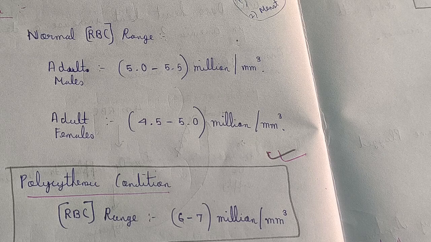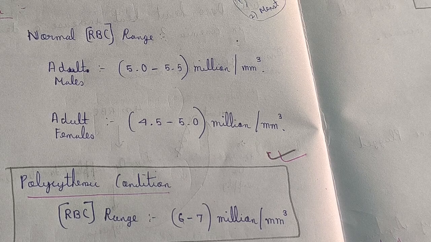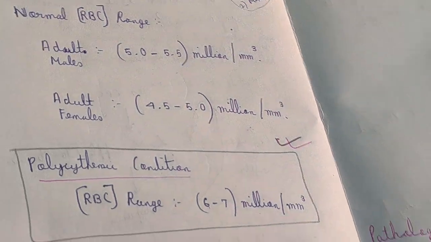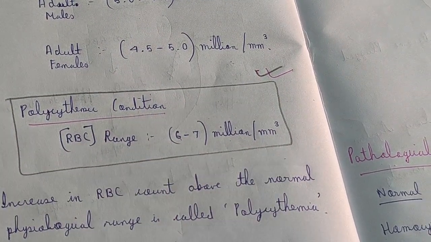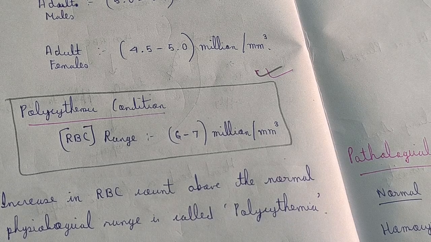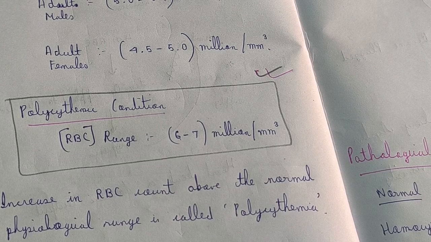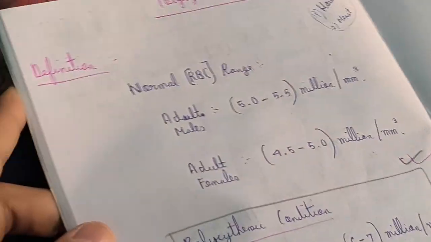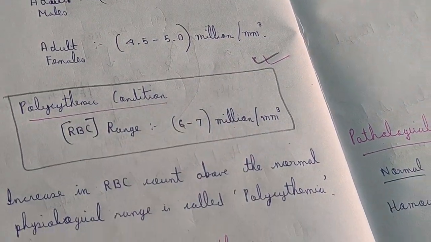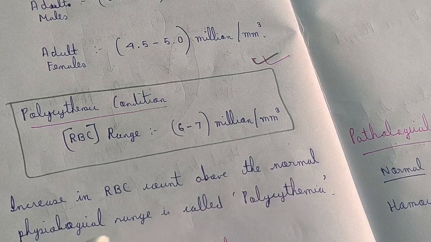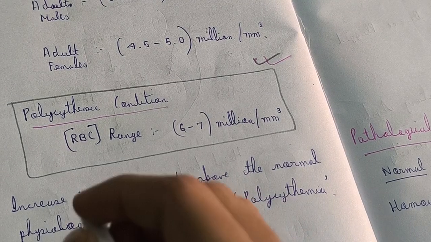Have you written? Okay, so now I'm going to tell you. Simply, it is an increase in the RBC count above the physiological range, and this is known as polycythemia.